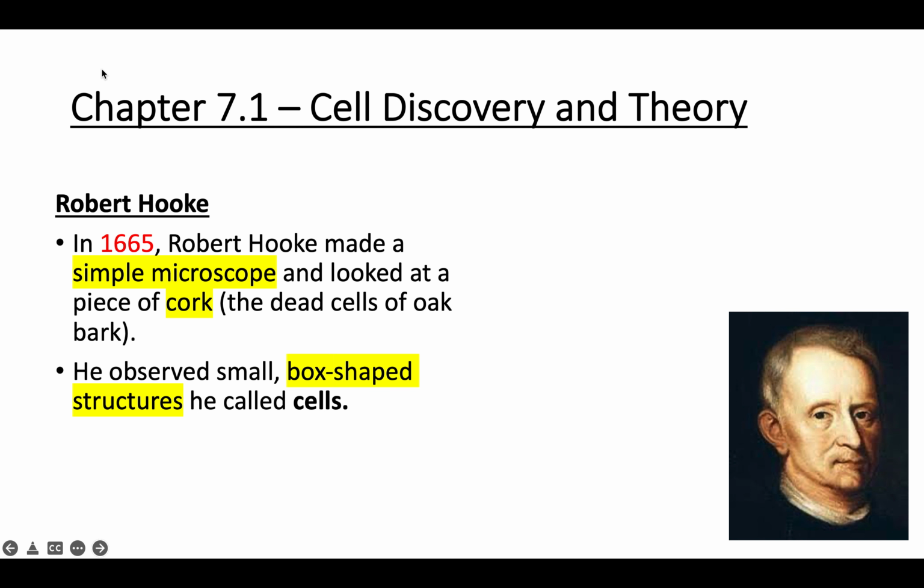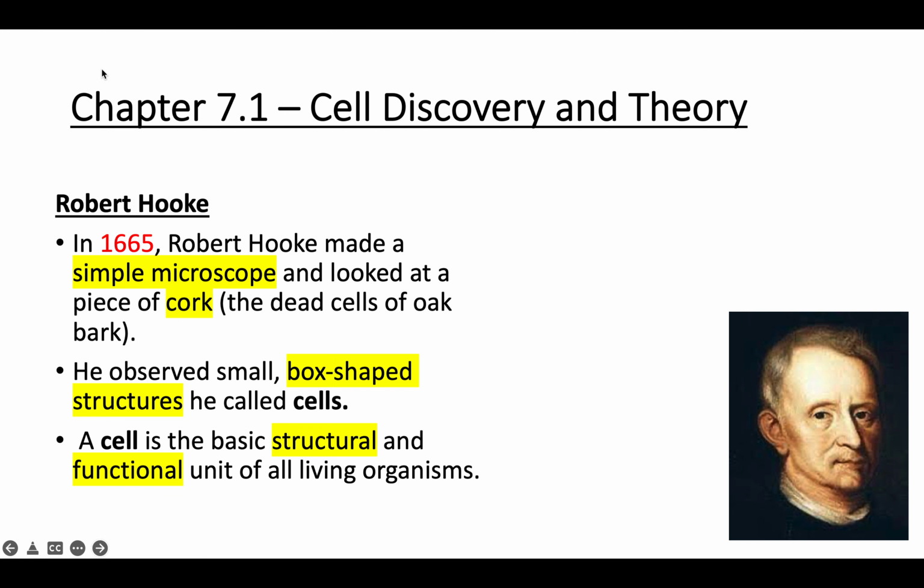When he looked at a piece of cork under a microscope, he noticed that there are very small box-shaped structures, and he called these cells. The reason he called these cells is because it reminded him of little rooms that monks would reside in. A cell, therefore, is the basic structural and functional unit of all living organisms.